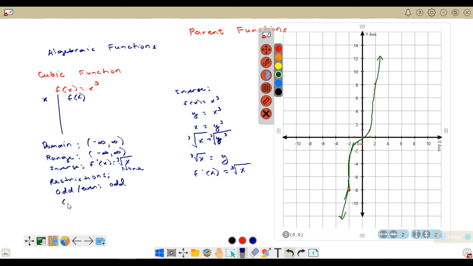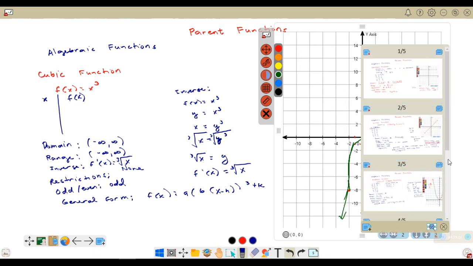Now, what is the general form? The general form will be f of x is equal to a times b times x minus h cube plus k. So, last two. Dito na tayo kay cube root. Lagay ulit tayo ng isa pang page.